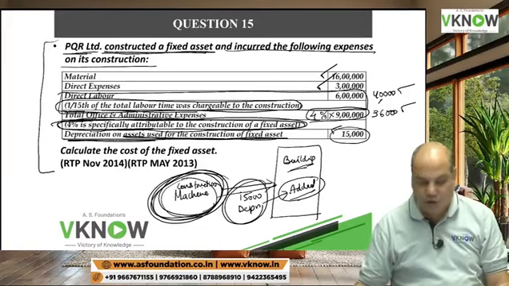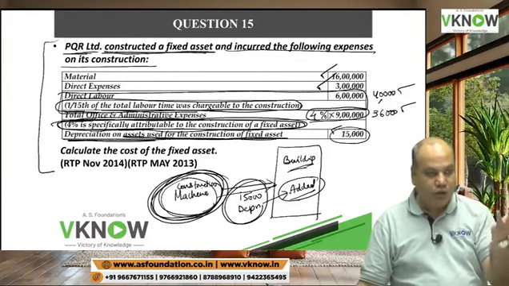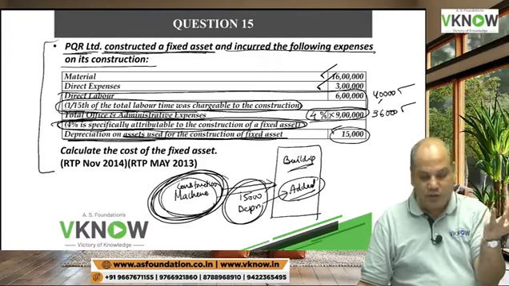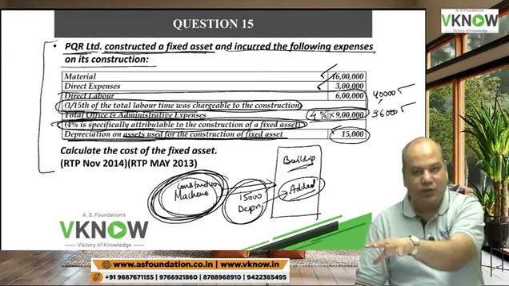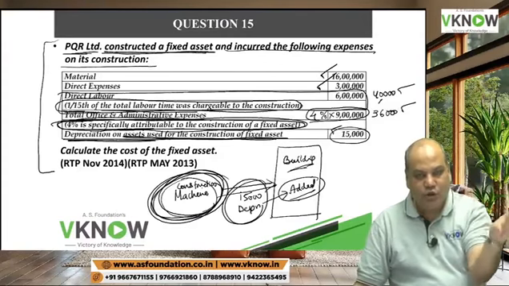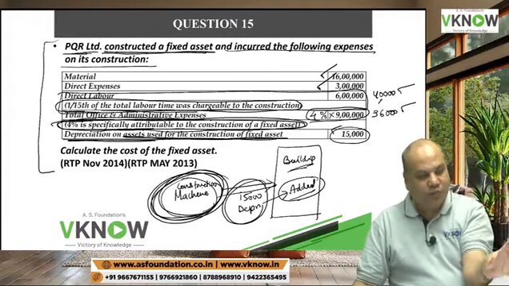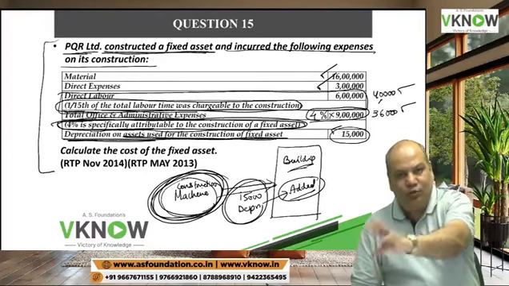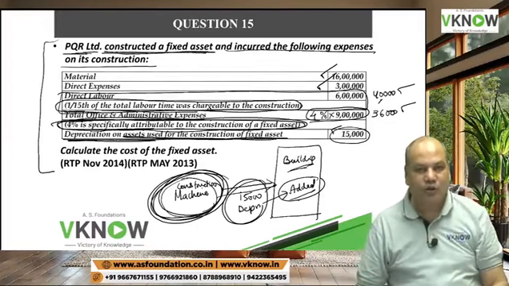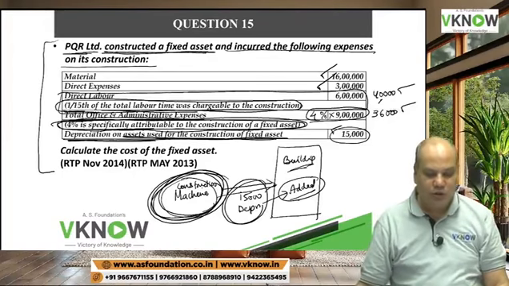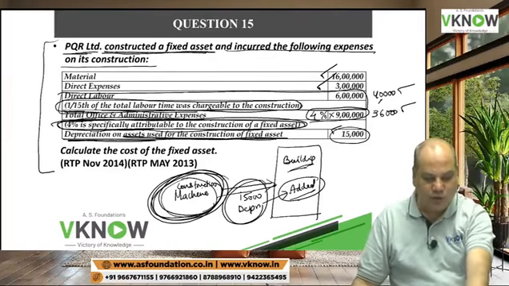Therefore, this 15,000 will also be added. If one fixed asset is used in construction of a second fixed asset, the depreciation of the first fixed asset is a directly attributable expenditure and you will add it to the cost of the second fixed asset which is constructed. So hopefully that clarifies your doubt.